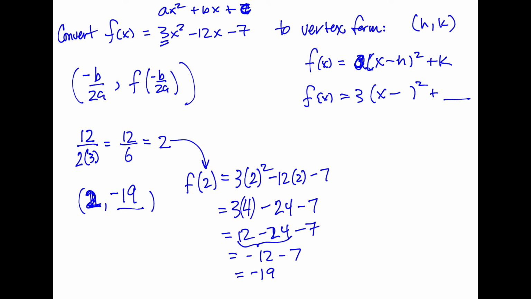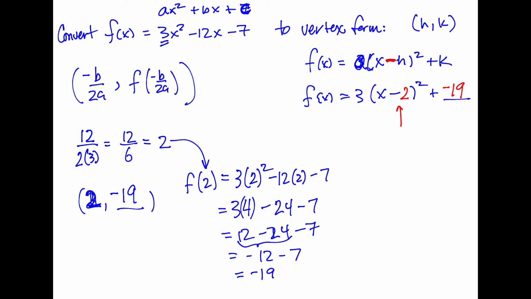And so we can plug that directly into the function here, 2 and negative 19. Notice that when I plugged it in, what I see here is minus 2, because in the formula we have this subtraction. Plugging in positive 2 keeps that as a subtraction, but what we see is negative 2. That's why the h is always the opposite sign.